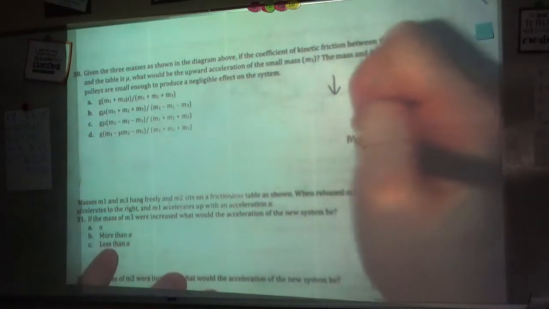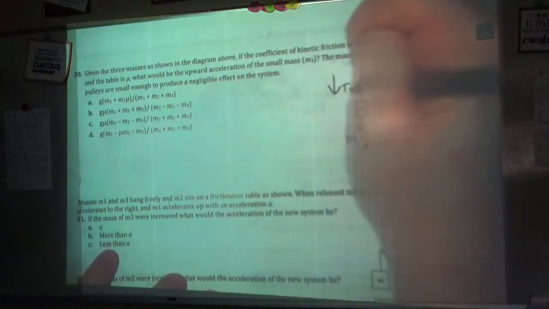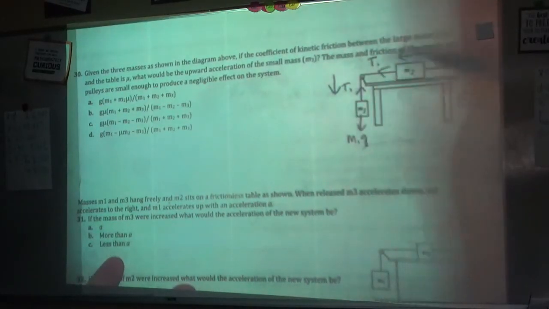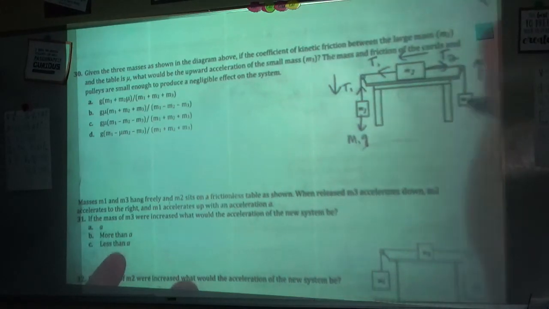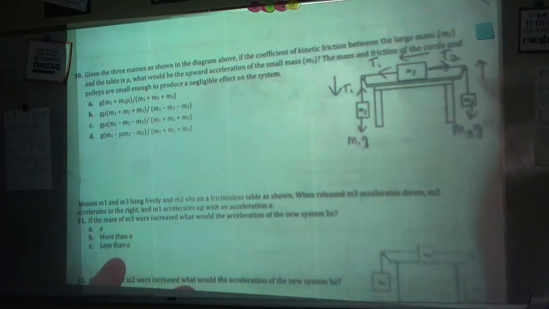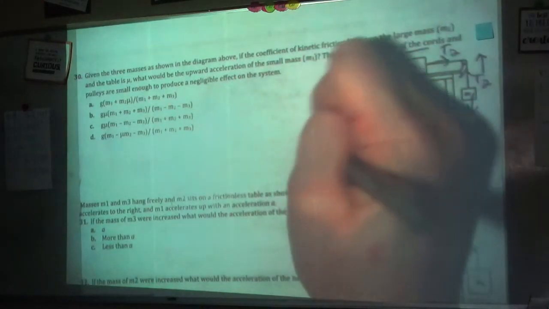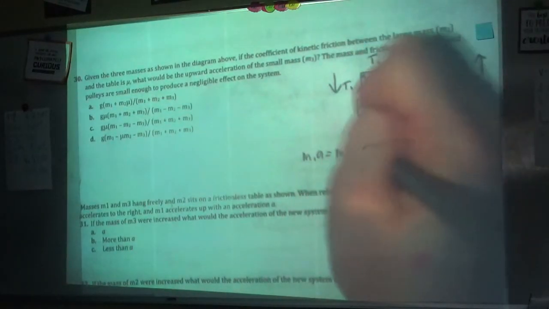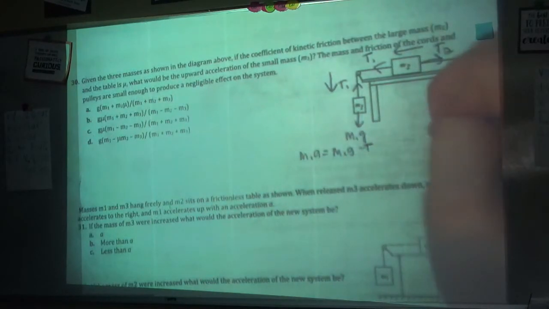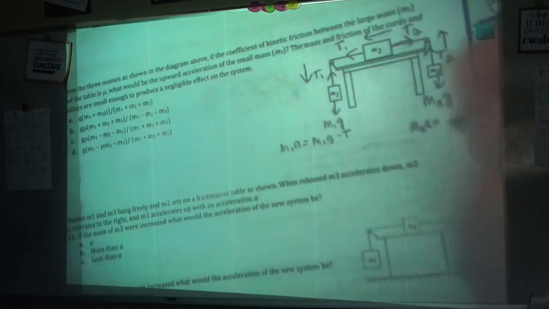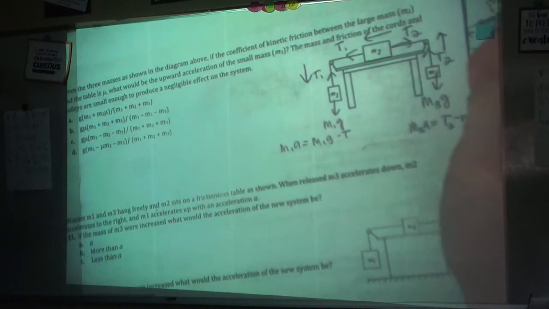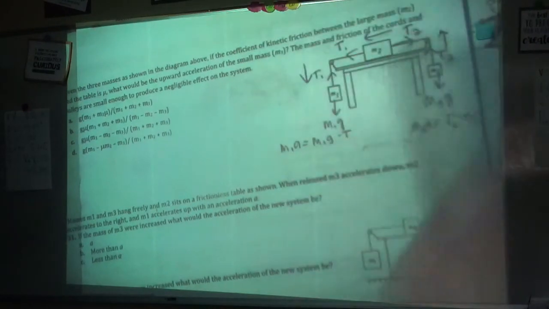This would be M1g and then T1. This would be tension 1 and tension 2. This would be M3g and T2. So net force would be M1a equals M1g minus tension. Net force here would be M3a equals the tension minus the weight because it's accelerating up, not down, and this is T1.